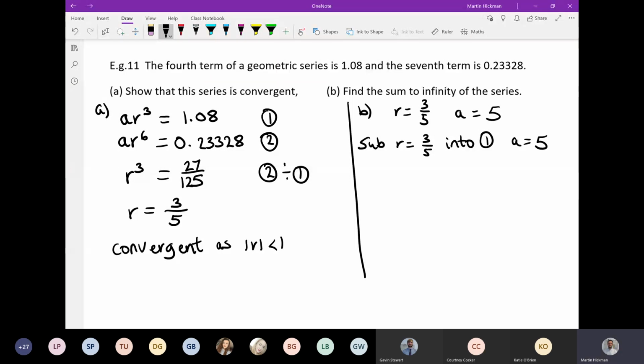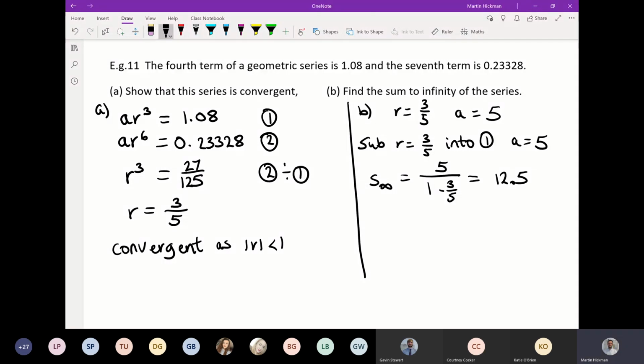So now we have our first term, we have our common ratio. So we just do a divided by 1 minus r. And we get 25 over 2, or 12.5 when we do so.